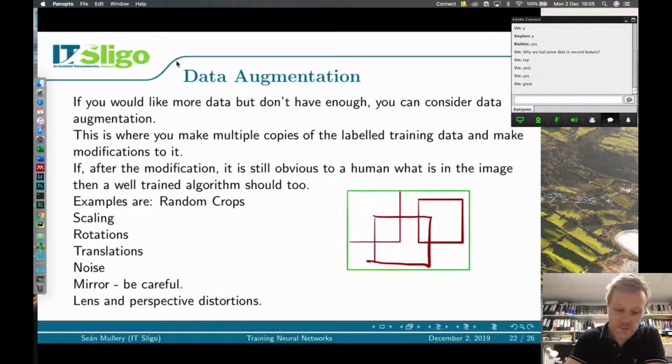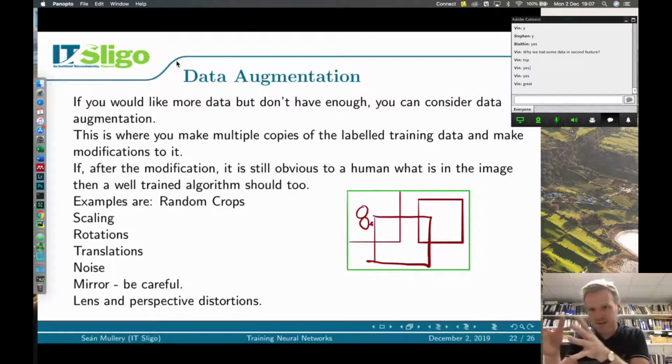Obviously you have a bit of a problem if you've got something like a cat in the overall image but it doesn't appear in some of these other crops. That can be a problem, but generally speaking the crops that you're doing mightn't be as extreme as what I'm doing here. They might only drop a few pixels off each end. That also means that whatever is in it will move to some extent within the image.